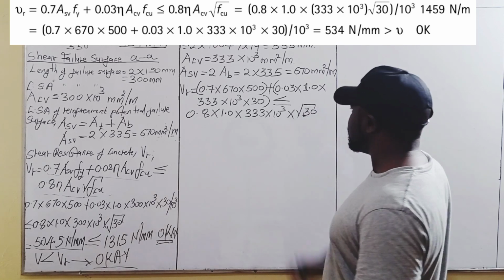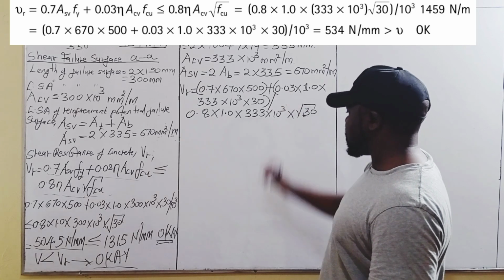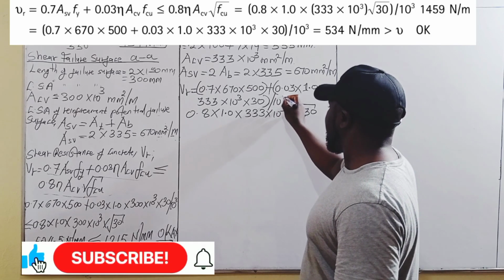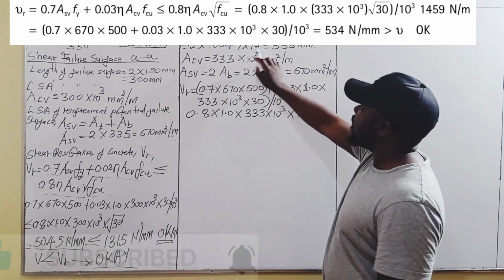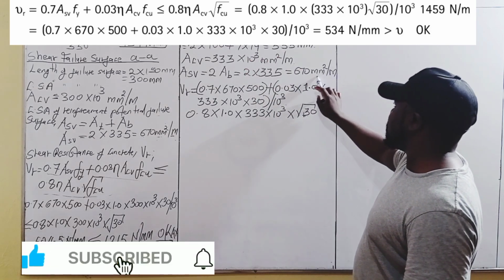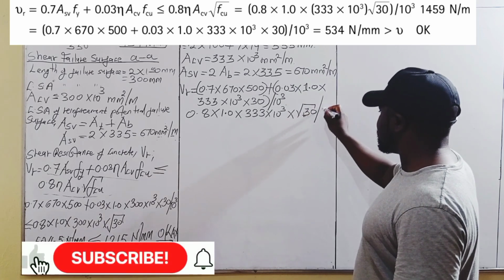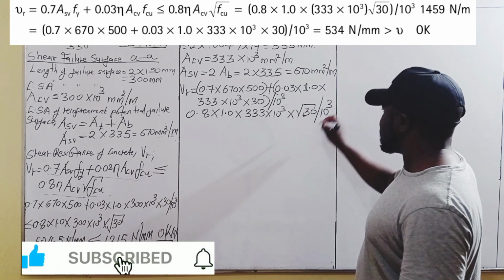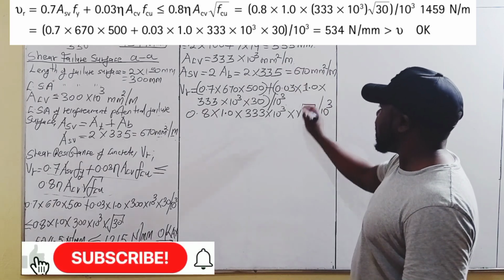Then we are going to do the following. This part we are going to divide by 1,000, since we have 670 square millimeters per meter. We should convert to square millimeters per millimeter. So we divide by 1,000. Same case to this one, we divide by 1,000 because of 333 square millimeters per meter.